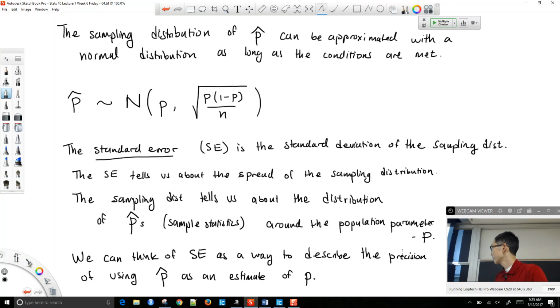Okay, so on our first day of class we talked about why we bother studying statistics, and we said one thing we want to use statistics for is to make conclusions about the population based on a random sample. What we're able to say now is that when we see a random sample, we can observe the sample proportion, and this should give us some information about the population proportion p.